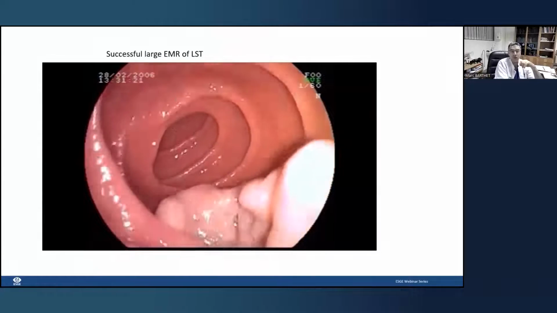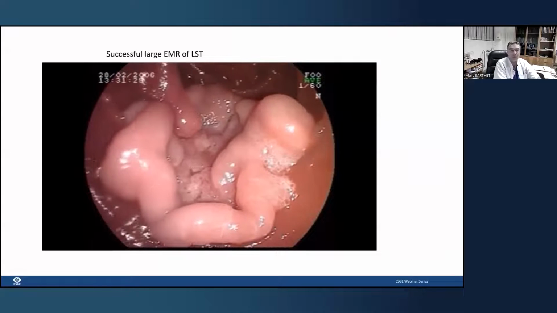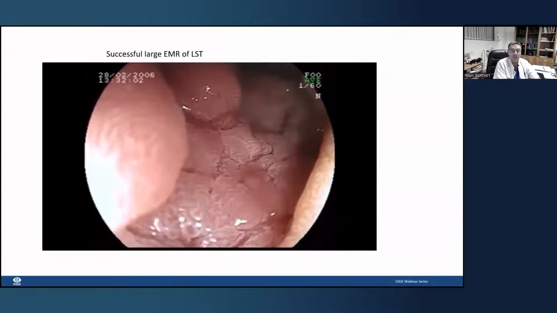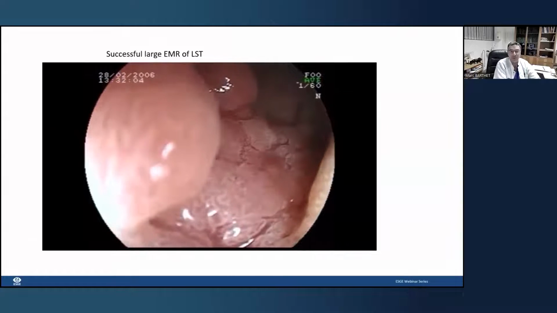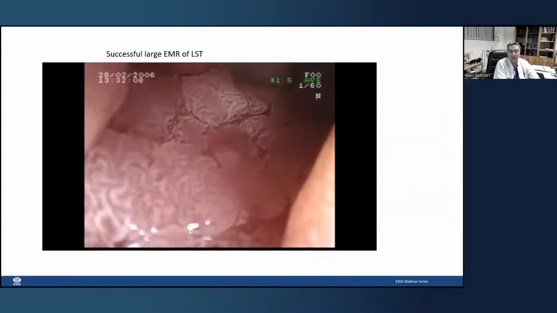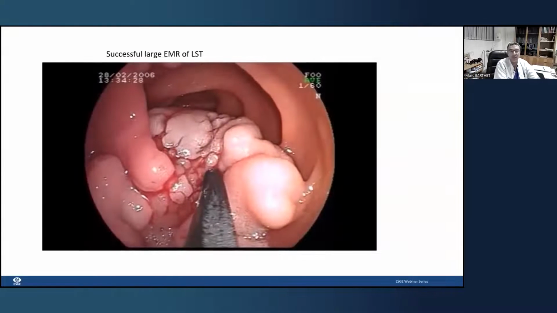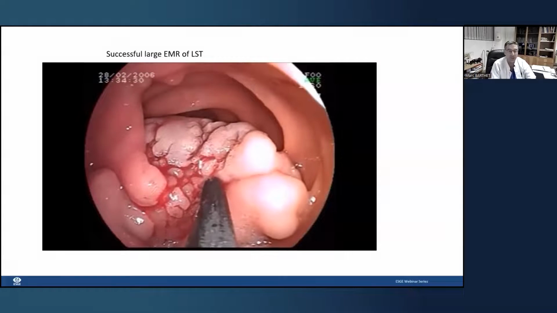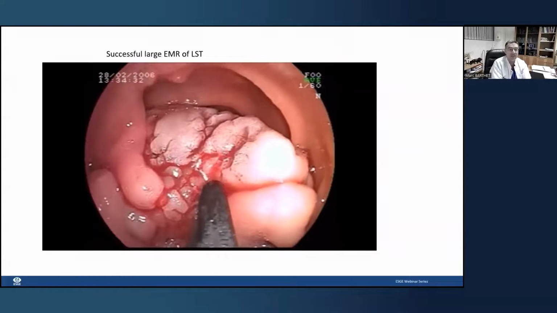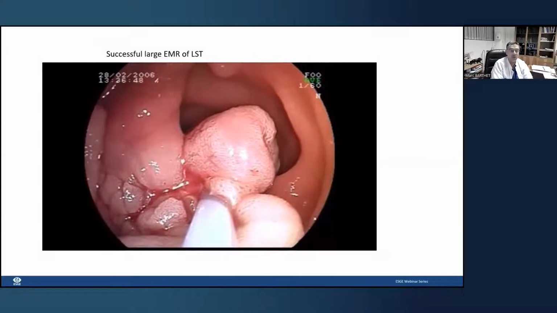So I just show you, this is a papilla at 12, and this was an LST tumor of the duodenum. You see, sometimes it's very impressive, but we always follow the glandular pit pattern. And so we decided to endoscopically resect this lesion. I always start in the middle of the lesion to increase the capture.